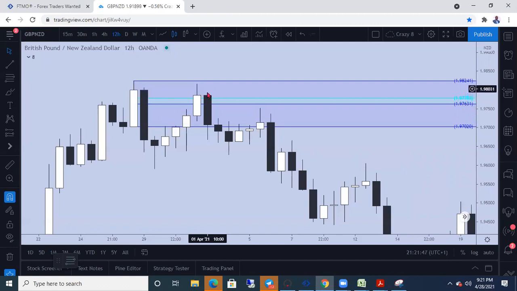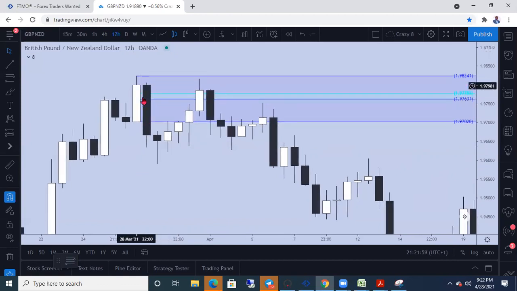Then when price came back and closed below, we say our sell bias is revalidated. So we're anticipating sells. If you remember the rule we had for bearish engulfing, we said we could sell straight up from this point, or we could wait for price to come back to this point and sell. And price actually sold off from that point.